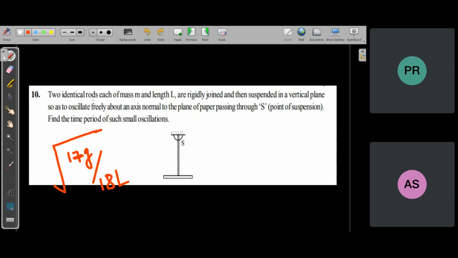One minute. Two identical rods, each of mass m. Two rods.